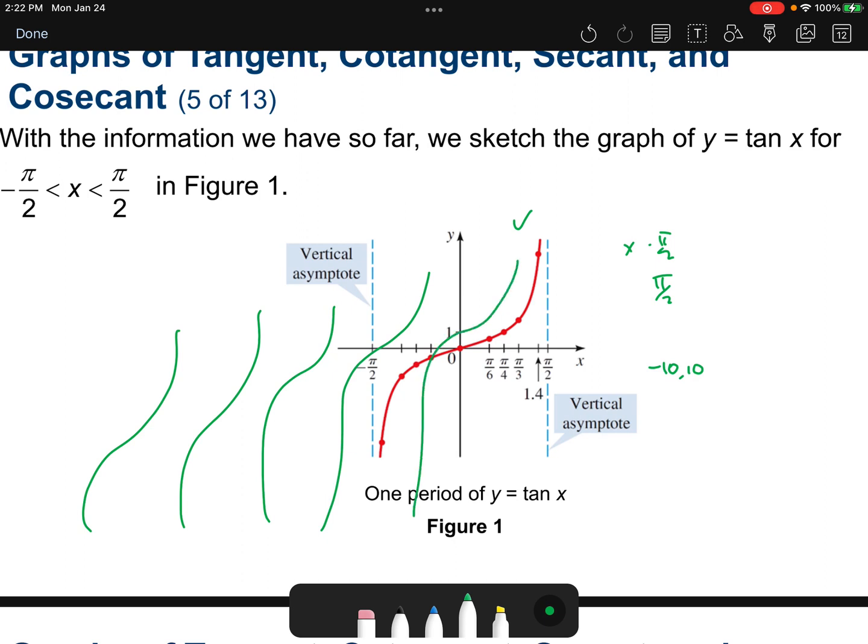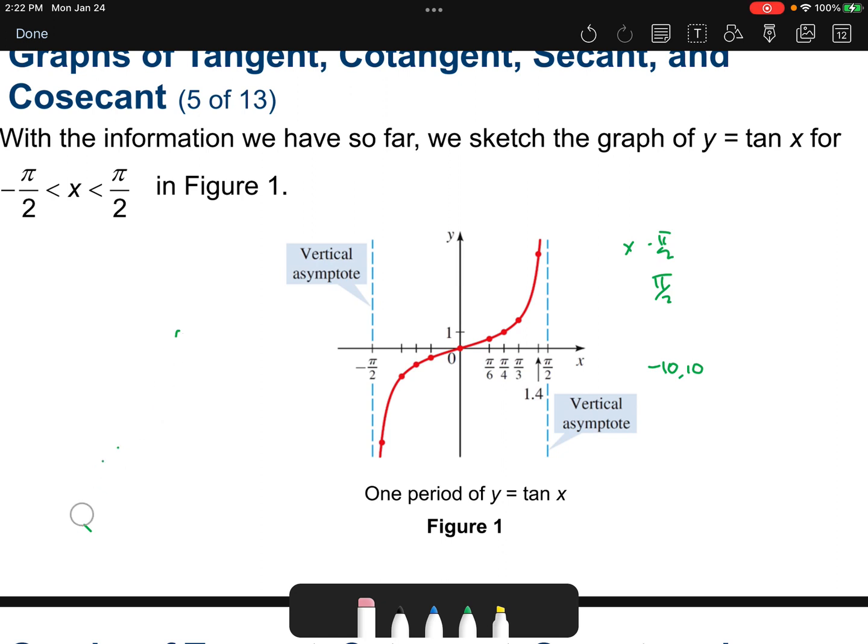But remember, every odd multiple of pi over 2 is a vertical asymptote. It doesn't exist there. At every odd multiple of pi over 2 we have a vertical asymptote because tangent is undefined.